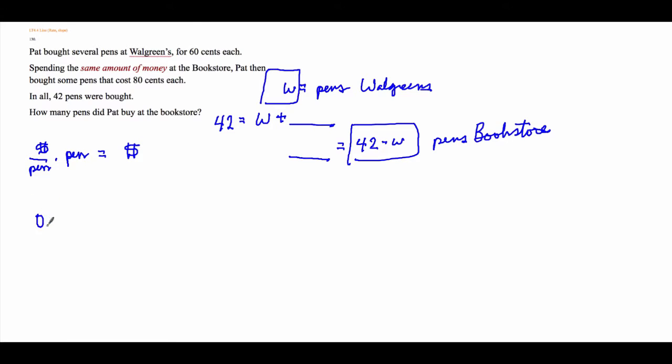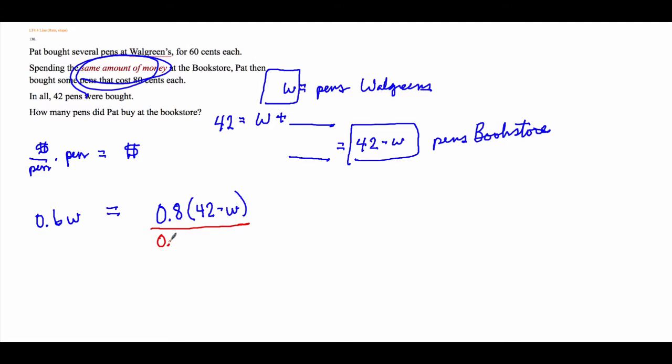The dollars is the same amount. How many dollars did you spend at Walgreens? 0.6 times W. That's the dollars per pen times the pens. And at the bookstore it was 0.8 times the quantity 42 minus W.